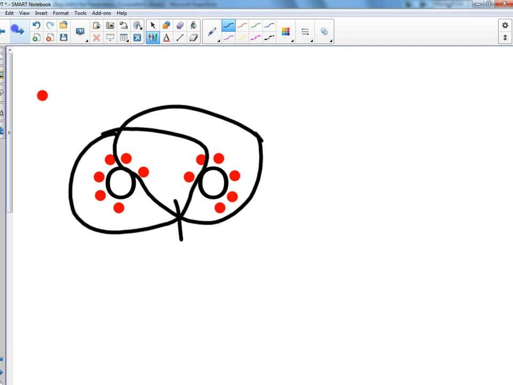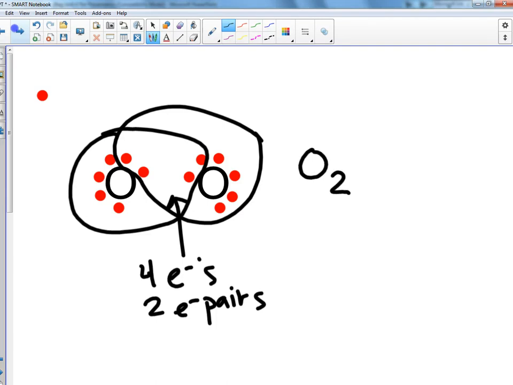What we see here is that this time they're going to share 4 electrons, or 2 electron pairs, in order to get their stable octet of 8. And oxygen is much more stable when it's bonded to another oxygen as O2 than when it is just an individual oxygen atom all by itself.